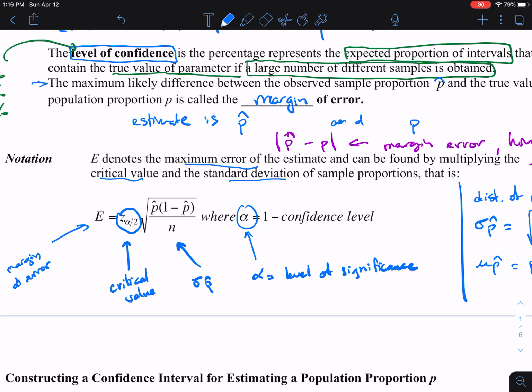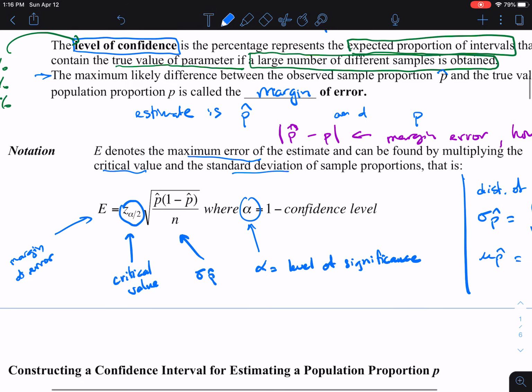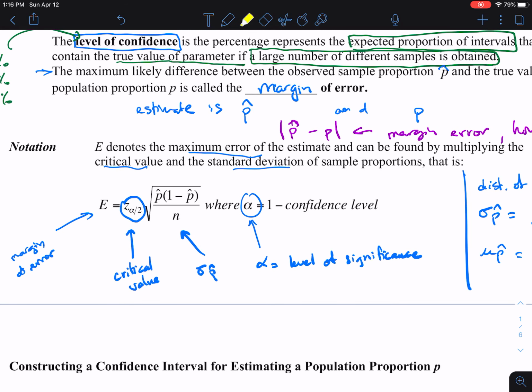So alpha acts as the percentage, the probability, or the area where we're looking at the significance level. That's what alpha stands for. And to get alpha, we take 1, which is 100% under the curve, minus the confidence level.